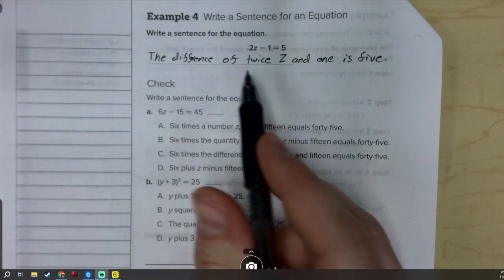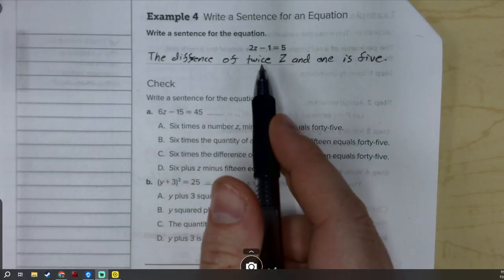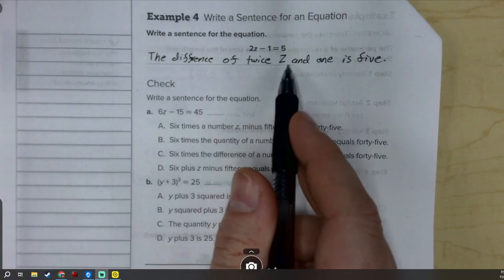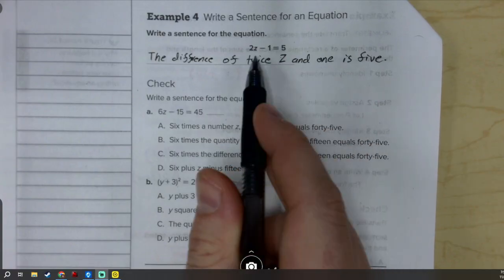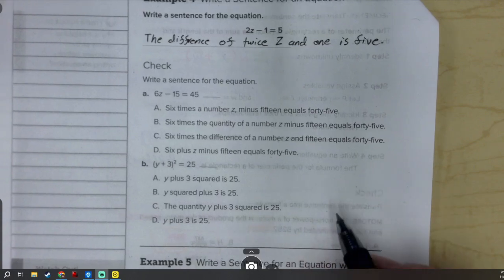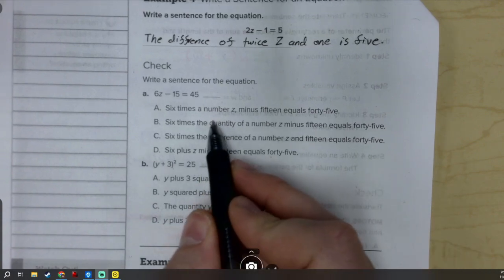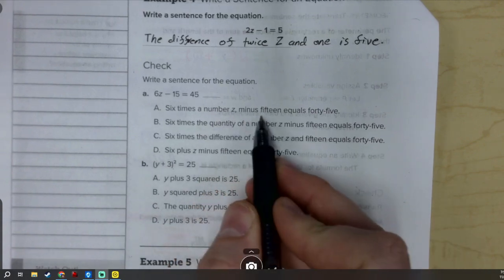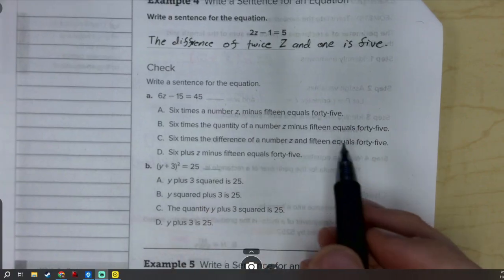The difference of, that sets up a subtraction problem, twice z and 1 is 5. All right, write a sentence for the equation. So we have 6 times the number z minus 15 equals, yep, that's true.